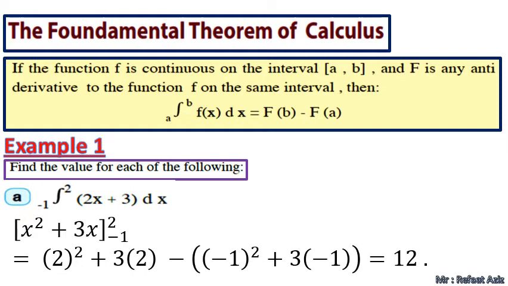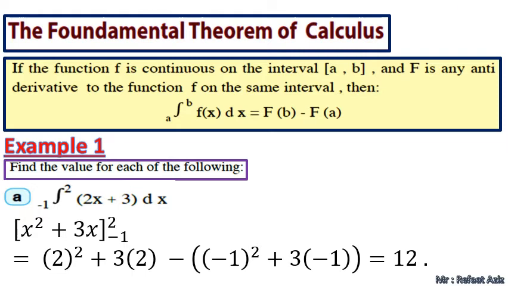What about C? C of the first minus C of the second, it will disappear. Then we do direct substitution: 2 squared plus 3 times 2, minus the second one. We said F(b) minus F(a): instead of 2, -1 squared plus 3 times -1. It will be 12.